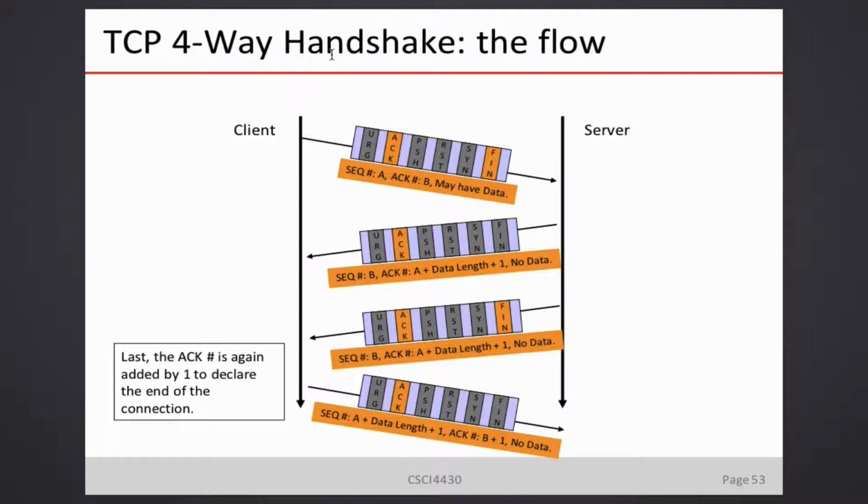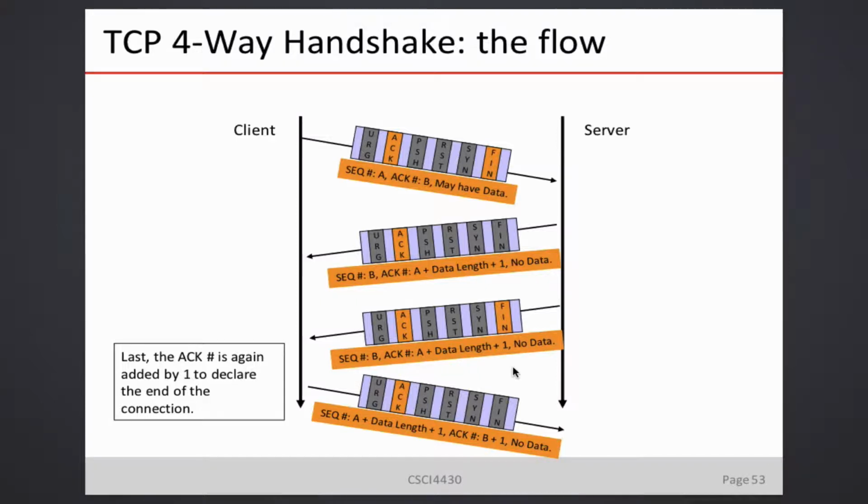Then when the FIN comes in, you will acknowledge the FIN. If you have data, then you will add the data length plus 1, in order to tell me that this is to acknowledge the FIN. And then I will repeat the same combination, B to B, A plus data plus 1. The same combination happens again, but this time I will add a FIN here.